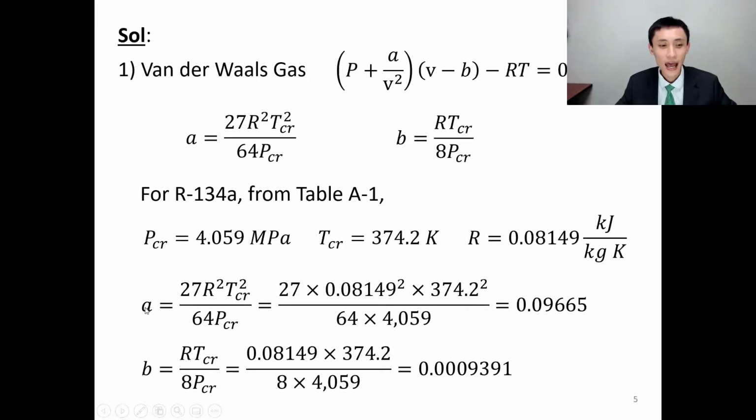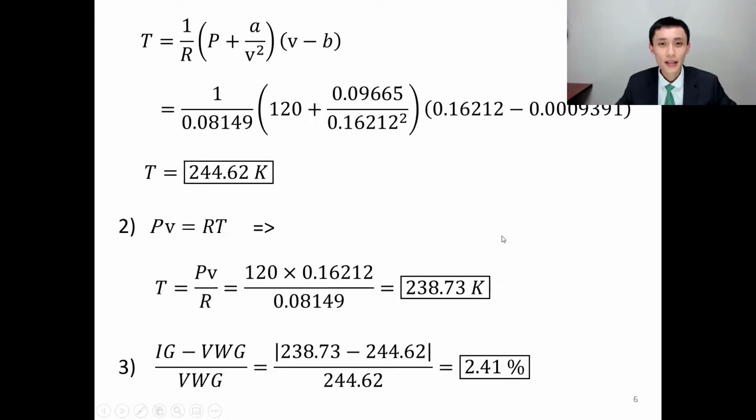Then we can calculate A and B, plug them in, and calculate the temperature, which is 244 K. We could also model this R134A using ideal gas law, PV equals RT, and it turns out the temperature is 239 K. Then the percentage difference is about 2.4%.